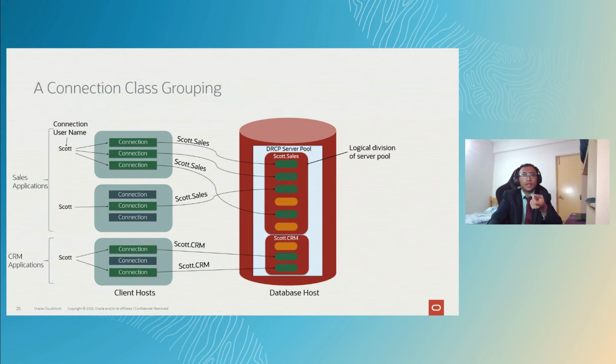This way, the sales applications using Scott as the DB user will not leak any session information and can set up effective boundaries with respect to CRM applications or other applications that use Scott as the DB user. So this works both ways. CRM applications will also not leak their session information to other applications.